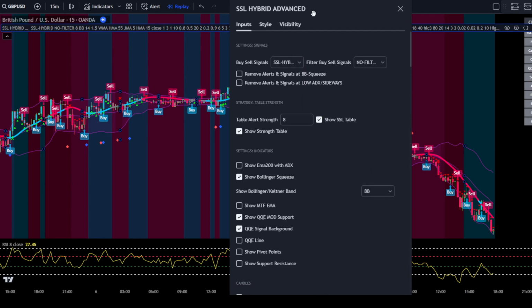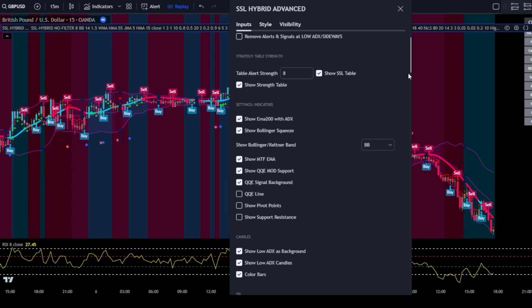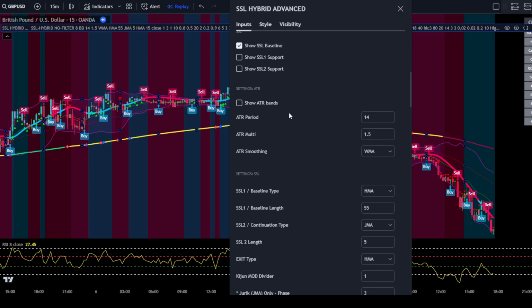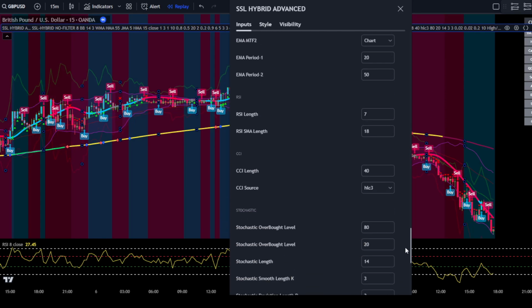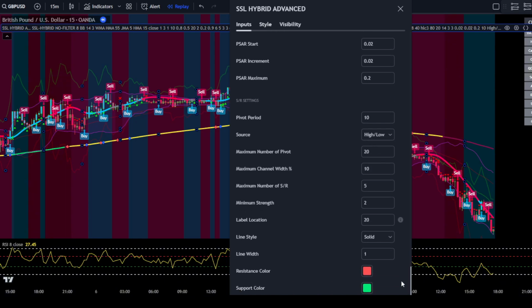In the Input tab, enable the checkboxes for Show EMA 200 with ADX and Show MTF EMA. Also, enable the checkbox for Show ATR bands. Set the ATR multi-value to 3. Then, change the EMA period 2 to 60.